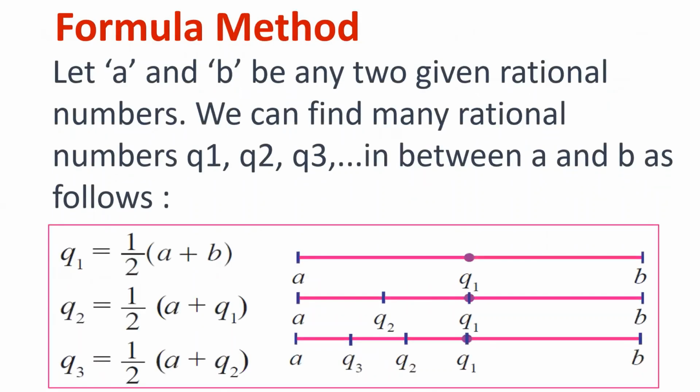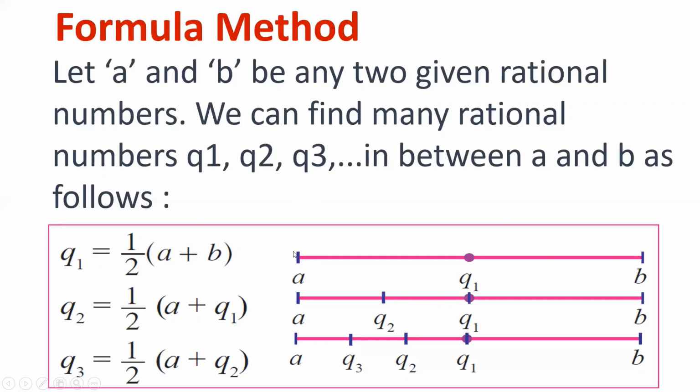First, the formula method. Let a and b be any rational numbers, then we can find many rational numbers q1, q2, q3 and so on, which are lying between a and b by finding the average of the given numbers. For that, we sum up a and b and divide by 2, and that number q1 will be lying between a and b.